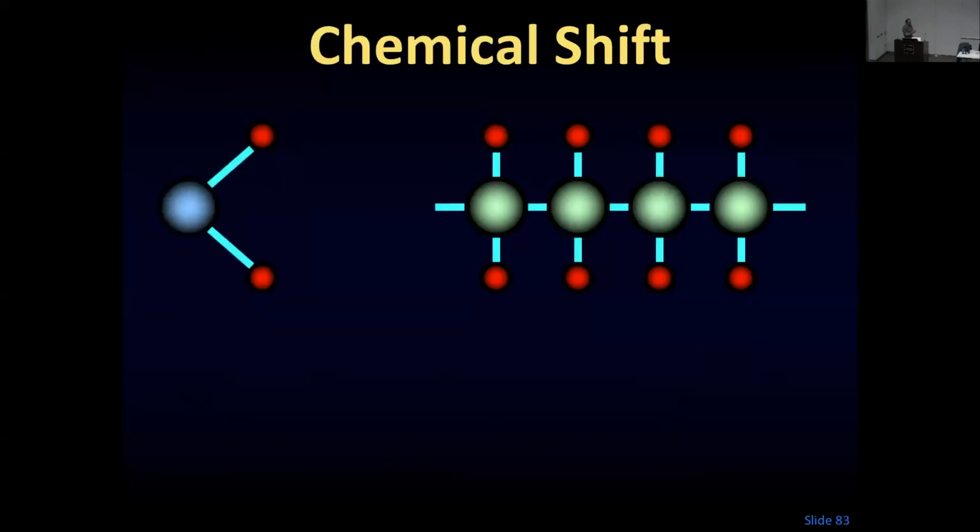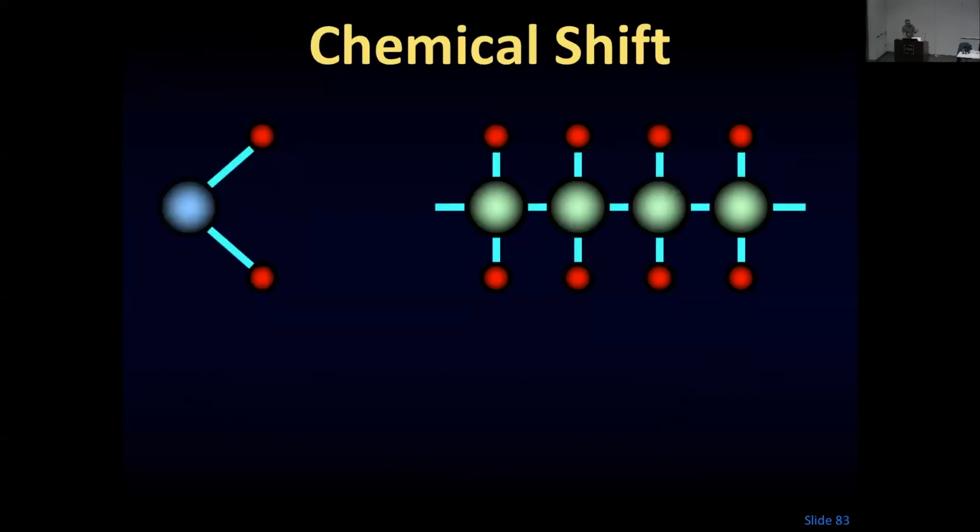But there's another reason that protons have different magnetic fields, and that has to do with something called chemical shift. Chemical shift is the difference, or the shift, in the magnetic field that protons experience by virtue of being in a different chemical environment.